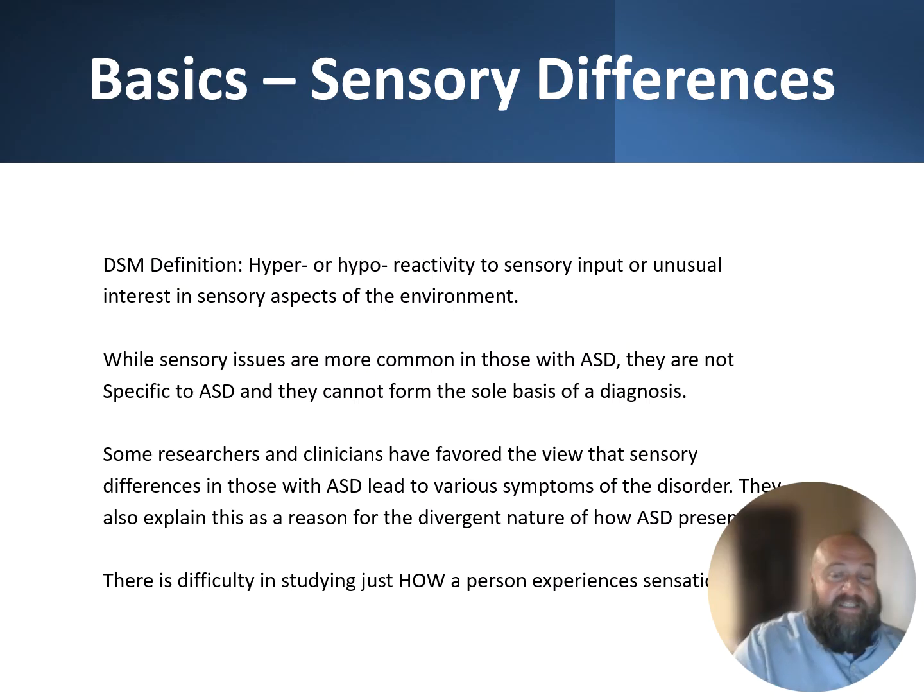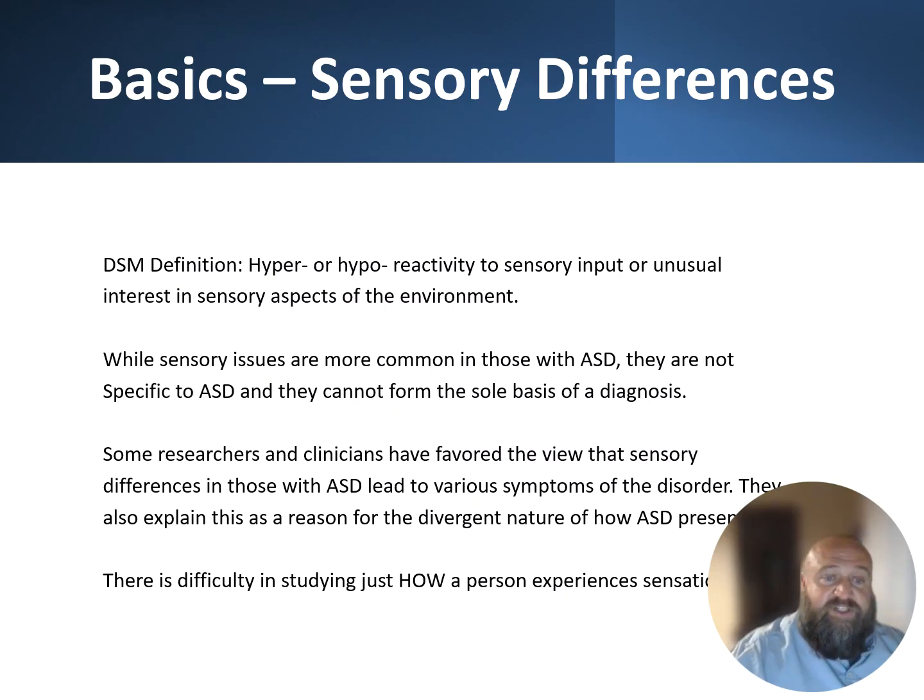So in many ways, we look at the sensory problems more as being etiological in nature. But that being said, many people with ASD throughout their life do still experience sensory concerns. And in fact, many people refer to autism spectrum disorder as a sensory disorder. So the DSM definition is hyper or hypo reactivity to sensory input or unusual interest in sensory aspects of the environment.